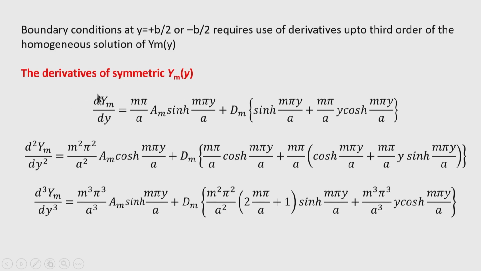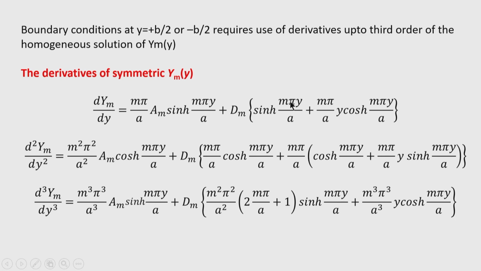Then differentiating this quantity again, the m pi by a will come out of sin hyperbolic m pi y by a, so it will be the square term, m square pi square by a square, then a m, and sin hyperbolic will be converted to cos hyperbolic due to differentiation. So, cos hyperbolic m pi y by a, then the terms inside this second bracket that I will differentiate.